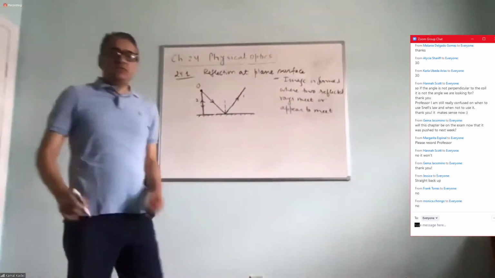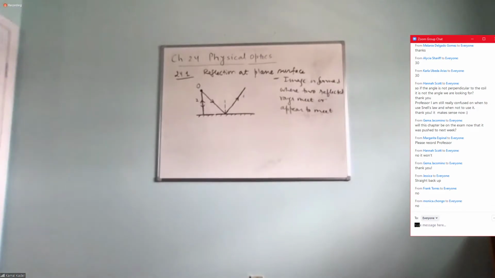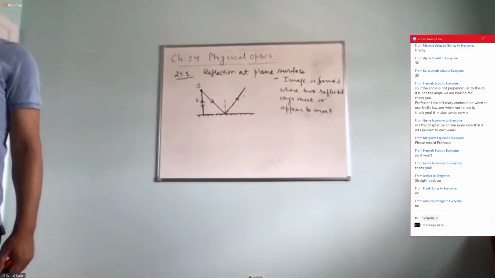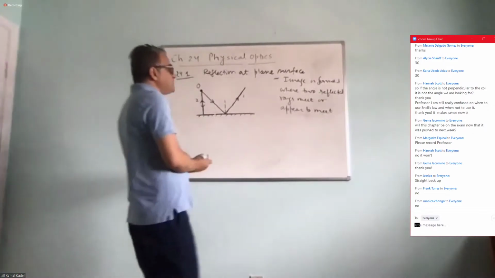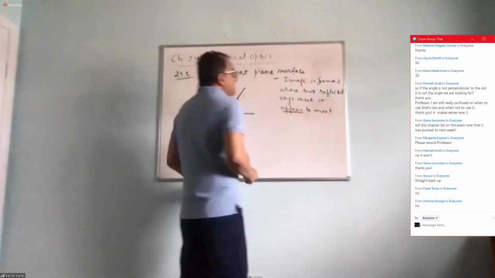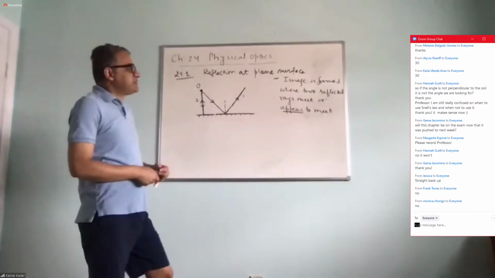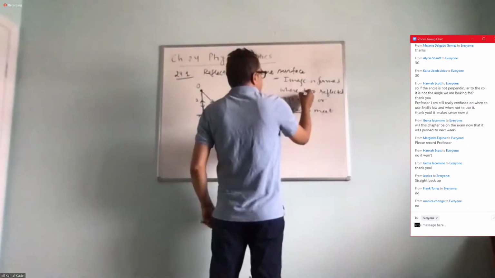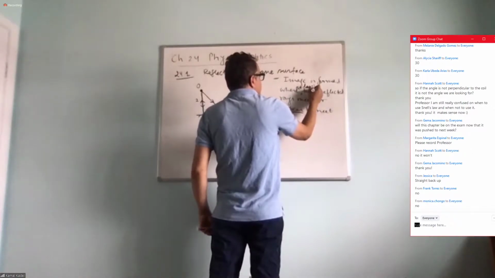Look, this is one conclusion here. So the image will form where two reflected rays meet or appear to meet. So what does this mean, appear to meet? In this situation, at least two, we can have three or four. Just add this word also, at least two, right?